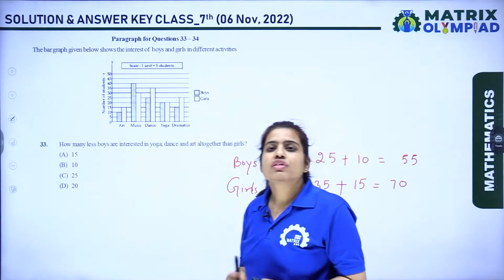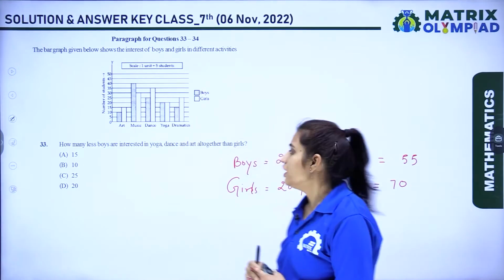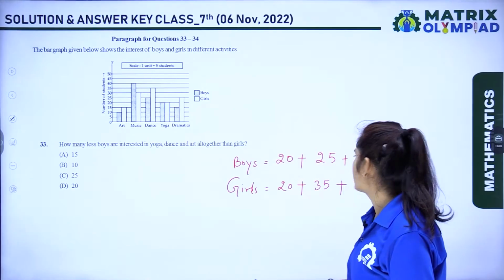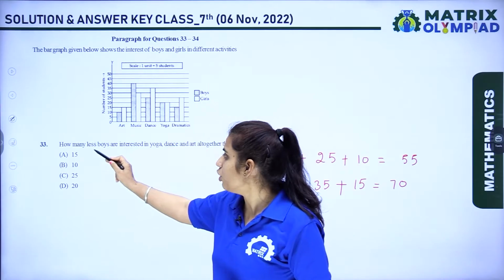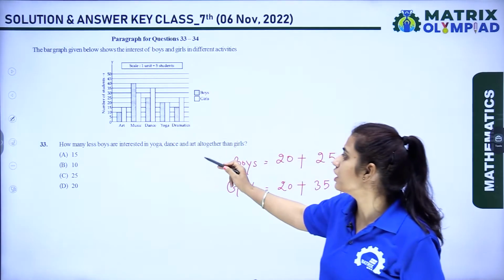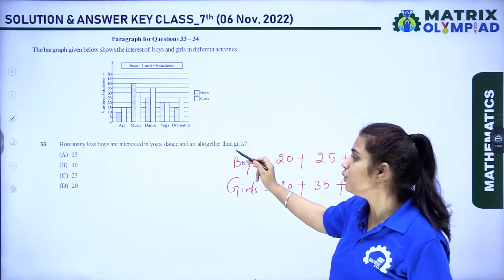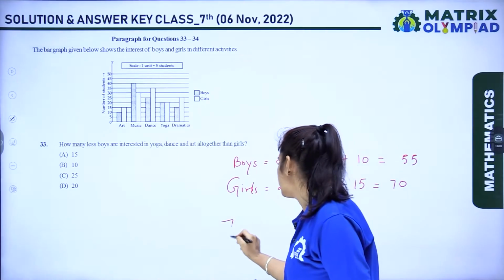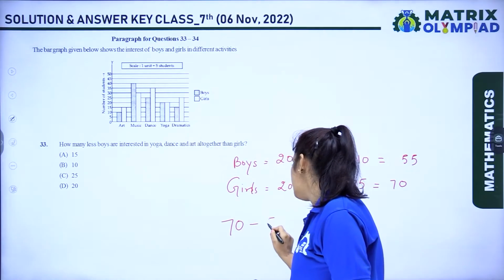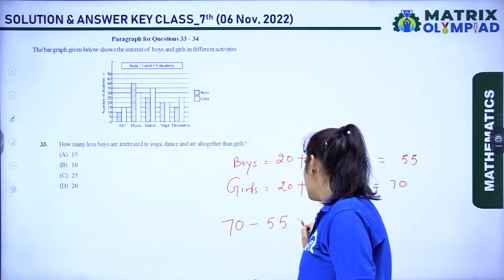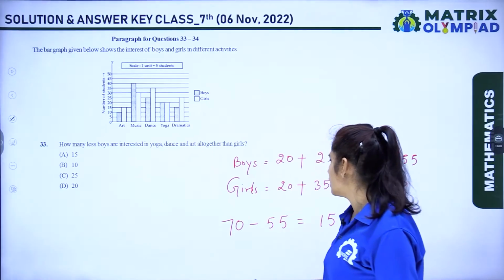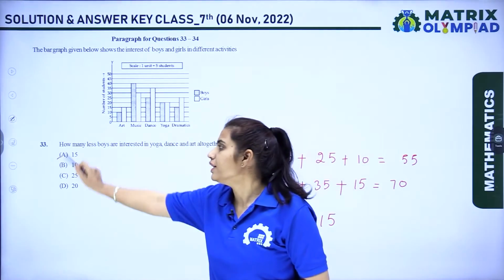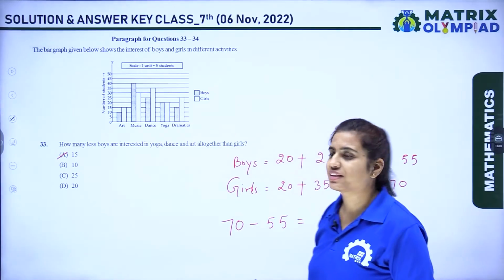So the total number of girls is 70 and boys is 55. So here we have to find out how many fewer boys are interested in yoga, dance and art altogether than girls. So let's find out the difference. 70 minus 55 is equal to 15. So option A is the correct answer.